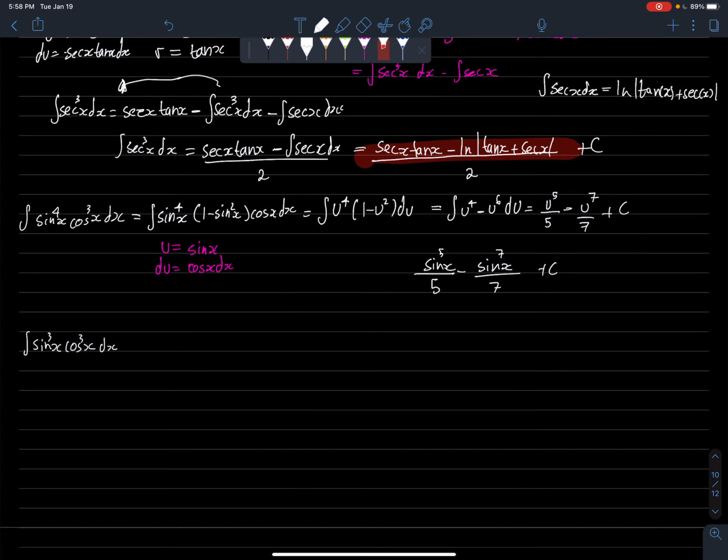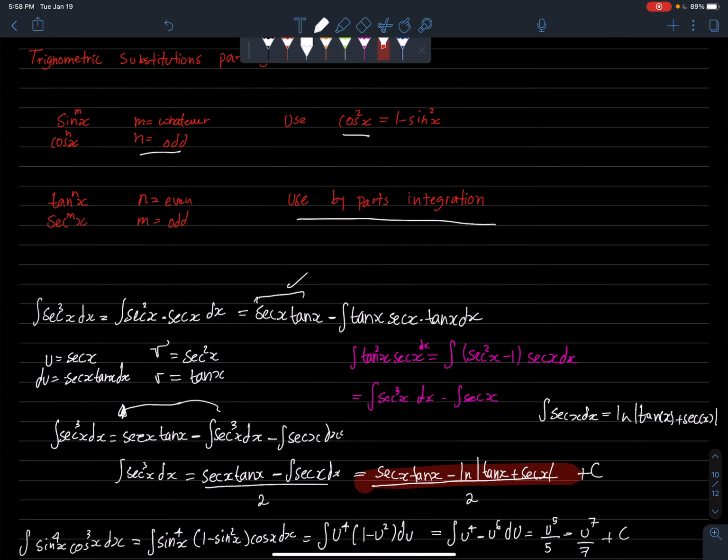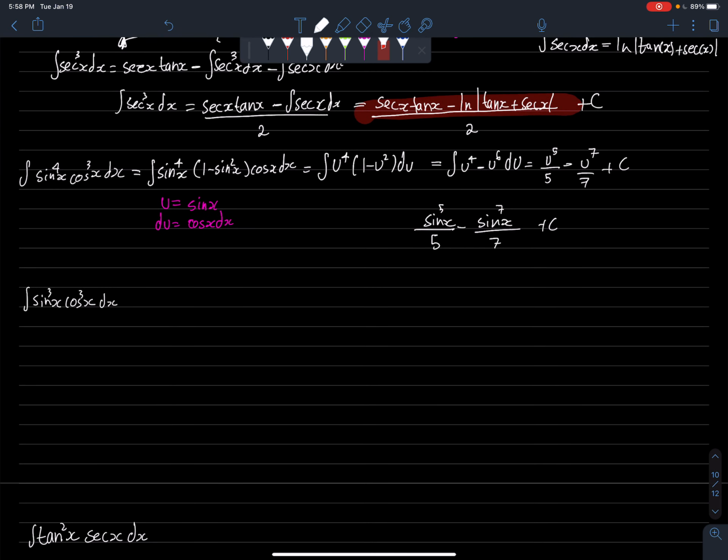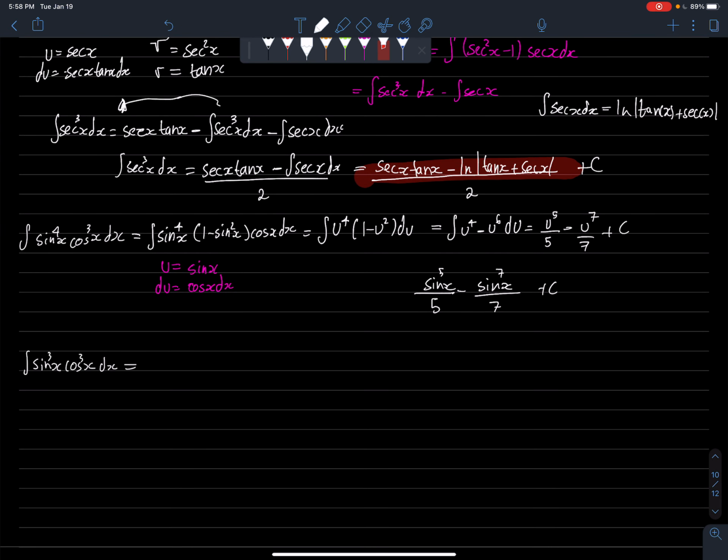Okay, second last one. We've got sine cubed, cos cubed. Cos is odd, and sine could be whatever. So once again, let's do it.